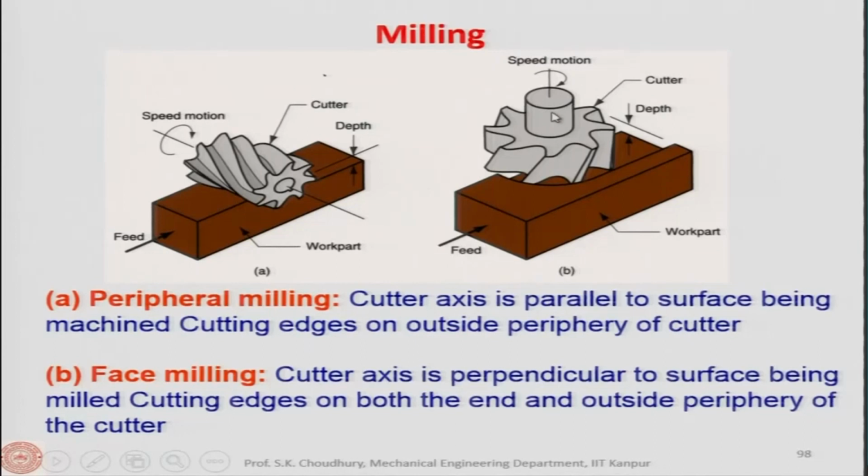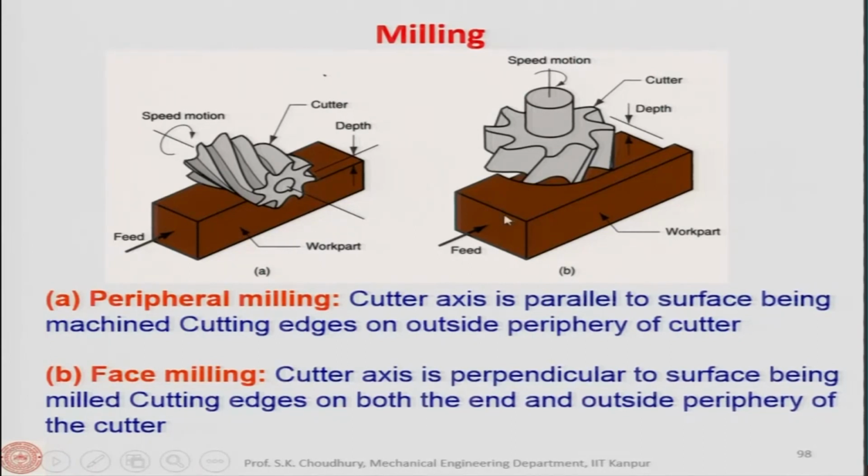The face is at a 90-degree angle with the axis, and there are also cutting edges on the outside periphery. In peripheral milling, the cutting edges are only on the outside periphery, but here the cutting edges are on the face as well as on the outside periphery.